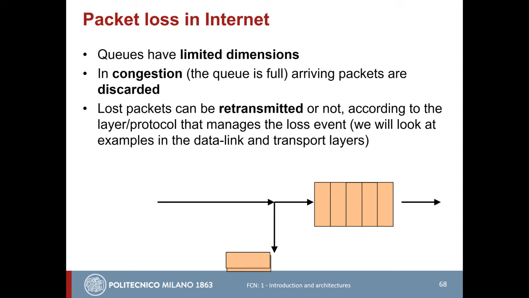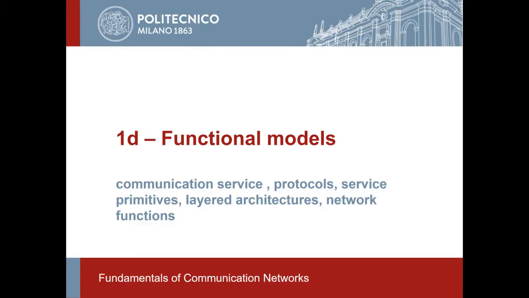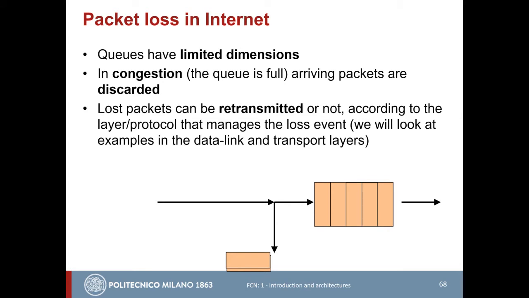So when we want to implement packet switching effectively, we have to provide the system with some kind of protocol that is able to manage packet loss. We will see how this protocol is implemented in the internet network, so we will get back to this concept later on.